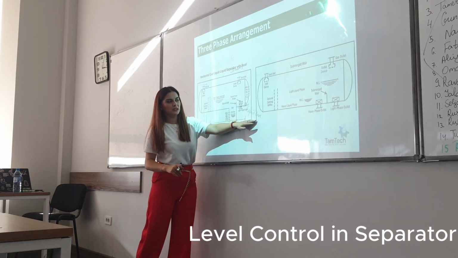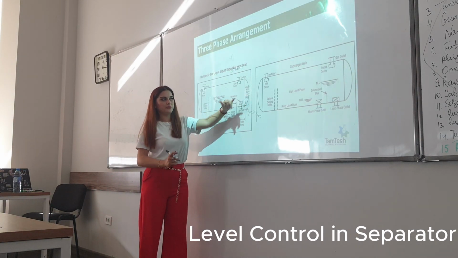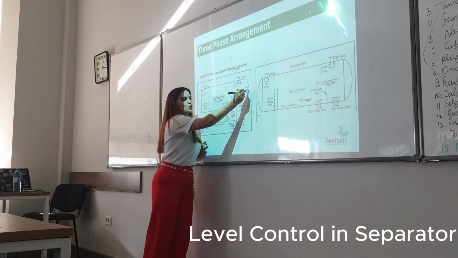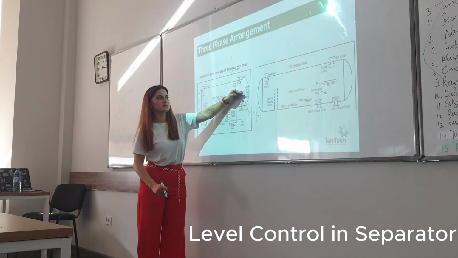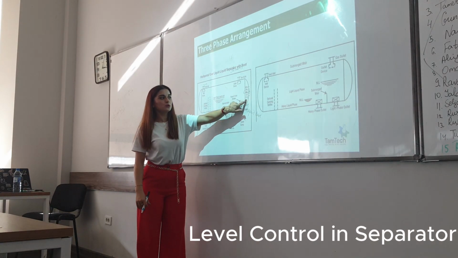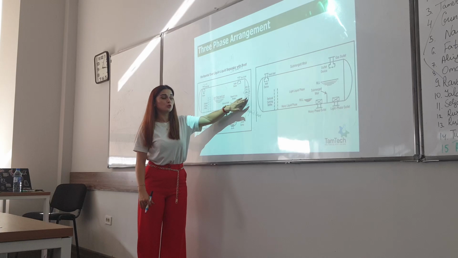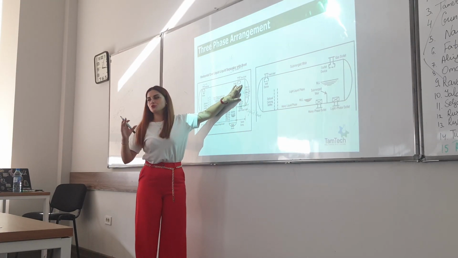Then we have the normal liquid level. We always try to operate at the normal liquid level, with some excursions toward the high or low liquid level. But already reaching the low or high liquid level is the worst case.